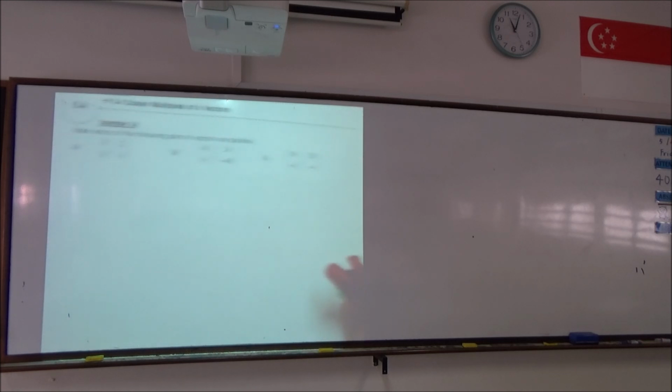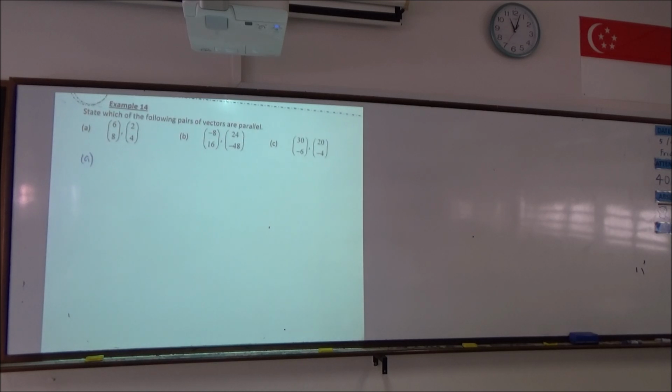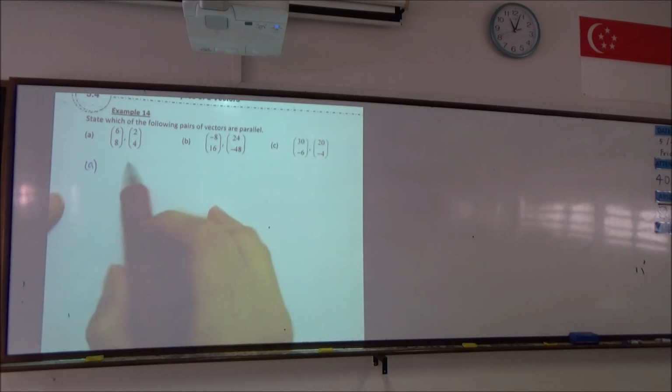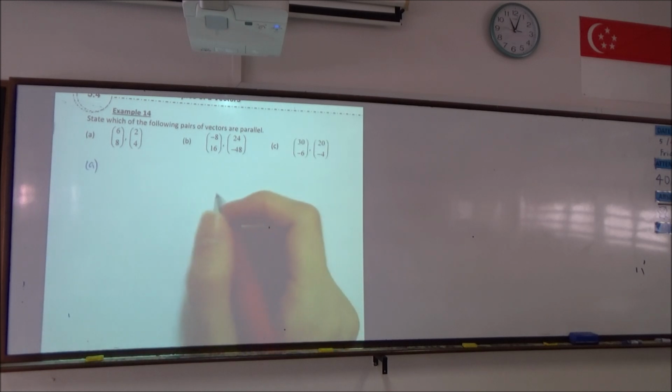Parallel. So part A, are they parallel? What do you think? Are these two vectors parallel? No, right? So how do we go about explaining it?